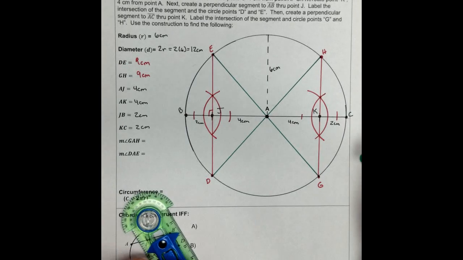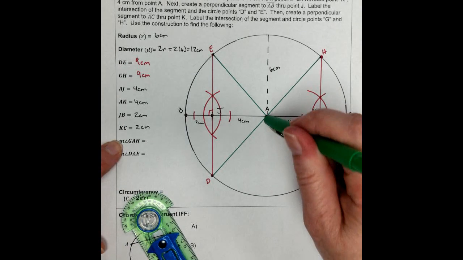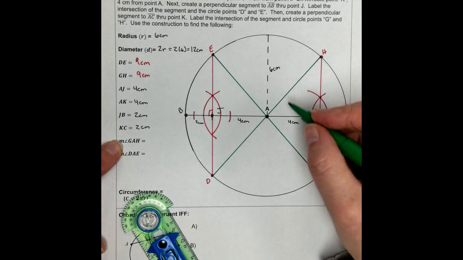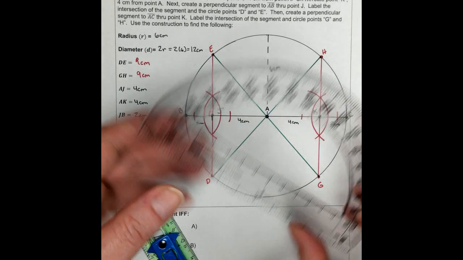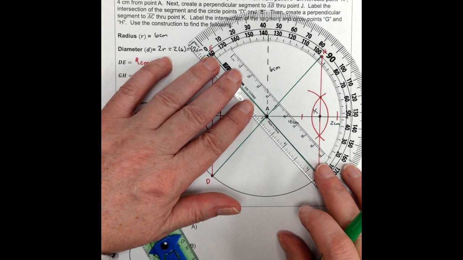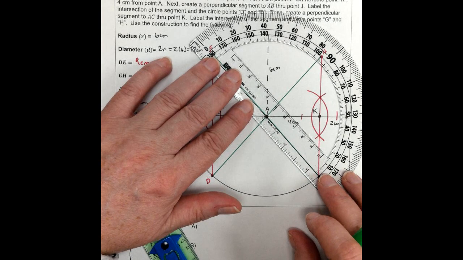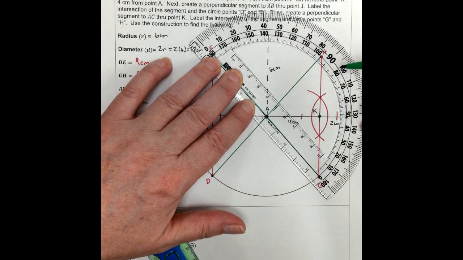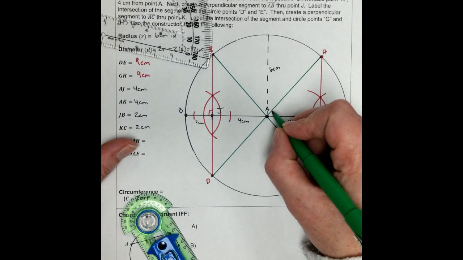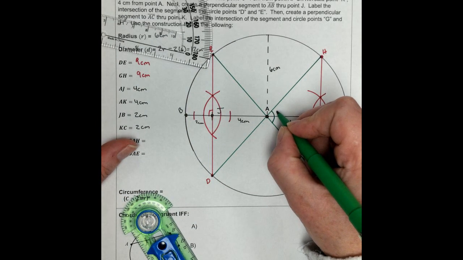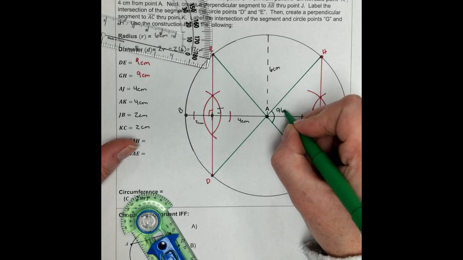So now I have angle GAH. Well, I can use my protractor here, and we're going to measure that. So this is roughly 96 degrees right here. This whole thing is 96 degrees.